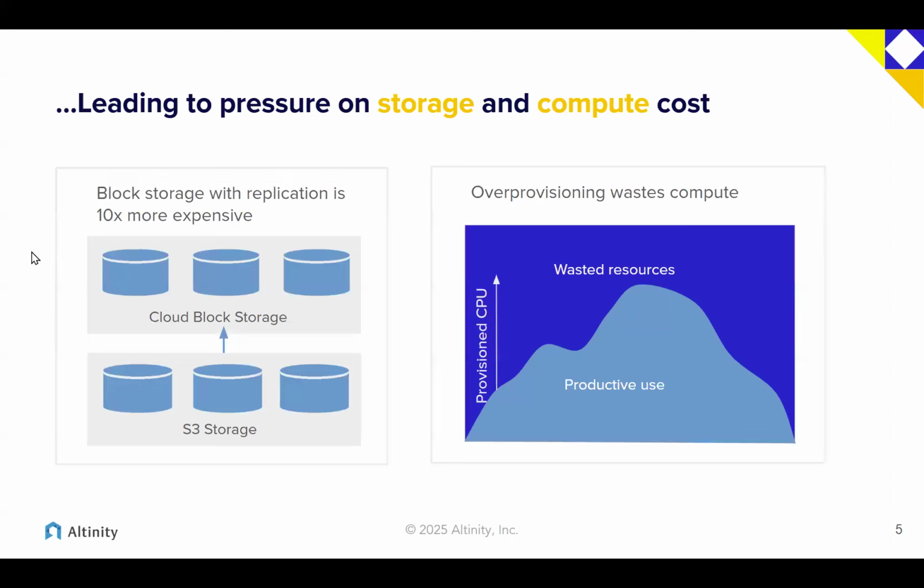And as a result, you need to have each of the nodes sufficiently provisioned so that they can handle all of these things potentially simultaneously. This leads to over provisioning and wasted resources. So the second problem that we have is that ClickHouse is increasingly allocating more compute than it really needs at any given time and doesn't have the ability to scale it up and scale it down quickly.